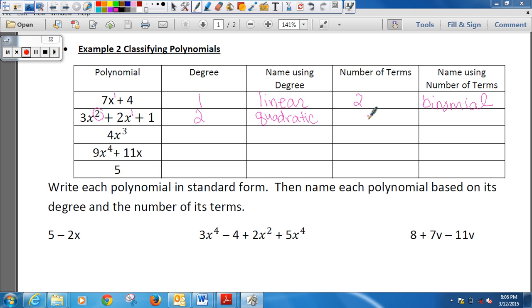The number of terms here is 3: 3x squared is 1, 2x, and then 1. If you notice, they are separated by plus signs in this case. They could also be divided up by minus signs. Because there are 3 terms, this is called a trinomial.